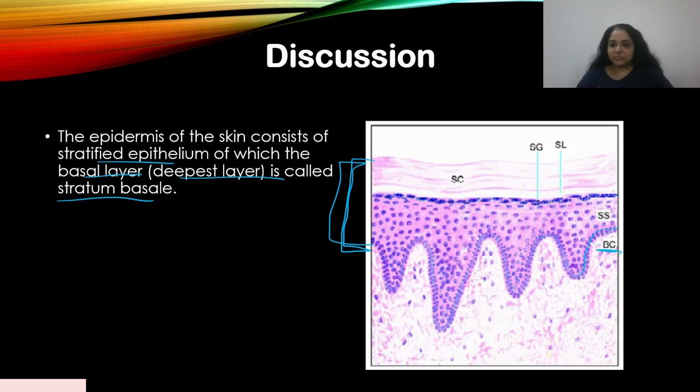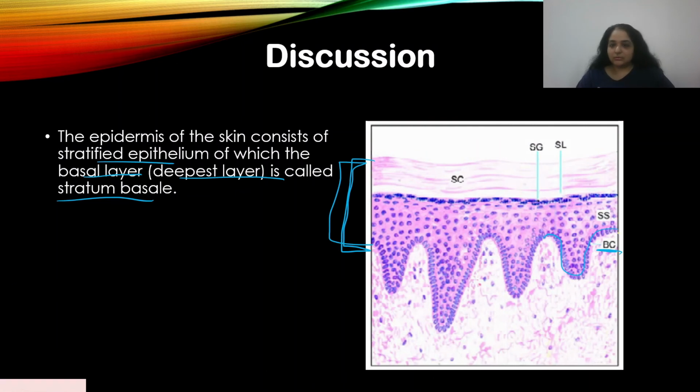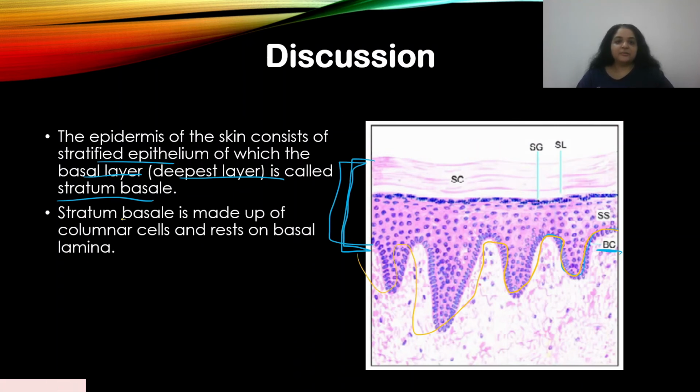You see this part over here. This is the basal cell layer. Stratum basale is made up of columnar cells and rests on the basal lamina.